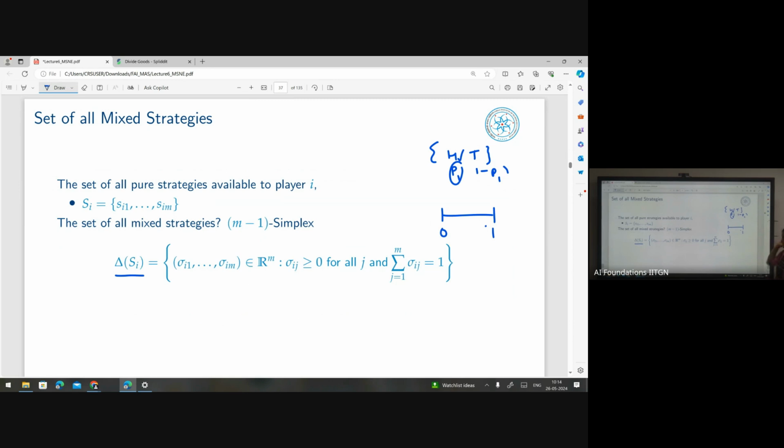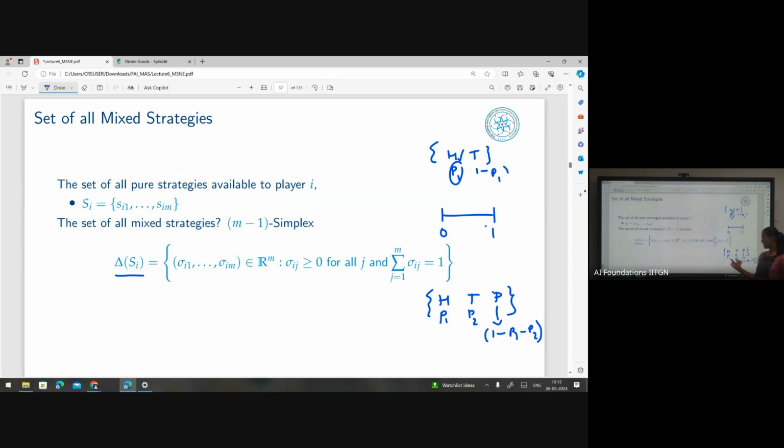I hope it's clear. Now, let's say the player has three strategies to play, H, T, P. Then it essentially has to choose two different probabilities. It assigns p1 to H, p2 to T. So what is the probability with which it will play P? It's automatically 1 minus p1 minus p2.